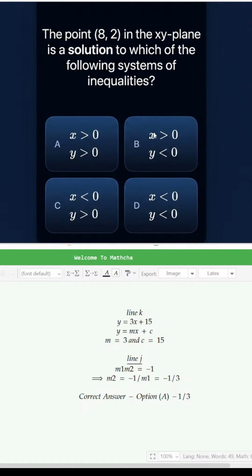The second option is x greater than 0 and y less than 0, so that is the fourth quadrant. The third one is x less than 0 and y greater than 0, so that is the second quadrant. And the last one is x less than 0, y less than 0, that is the third quadrant. Since both x and y are positive, this should be the first quadrant, that is option A. So we'll write the answer as option A.